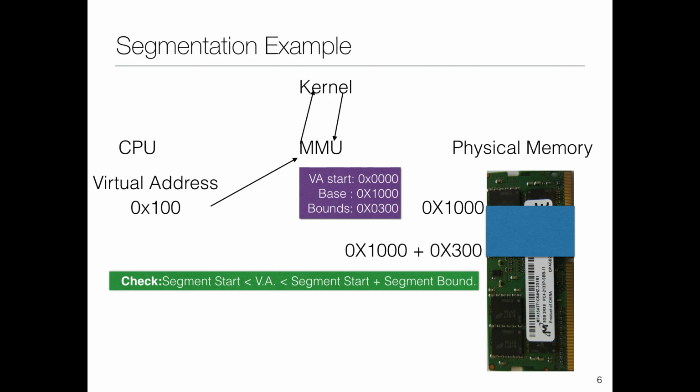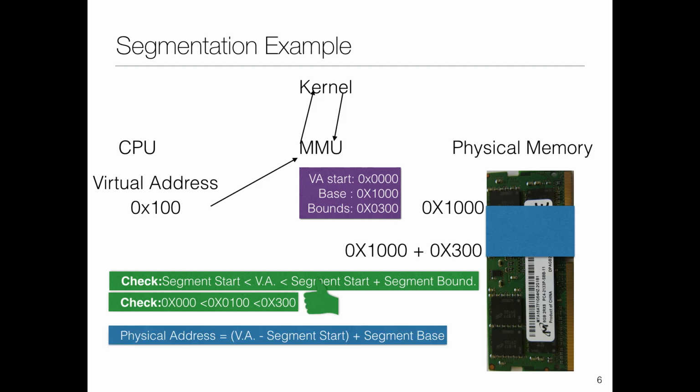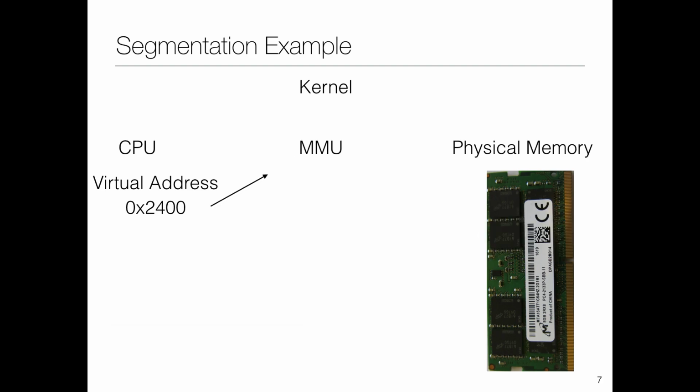The formula is fairly simple. Segment start less than the virtual address, less than segment start plus segment bound. So 100 less than 300 holds true. So this is a valid address. The physical address is given by 100 minus 0 plus 1000 hex. Similarly, 2400. Now this will be from a different segment. If this were from the same segment, we could have returned from the cache.